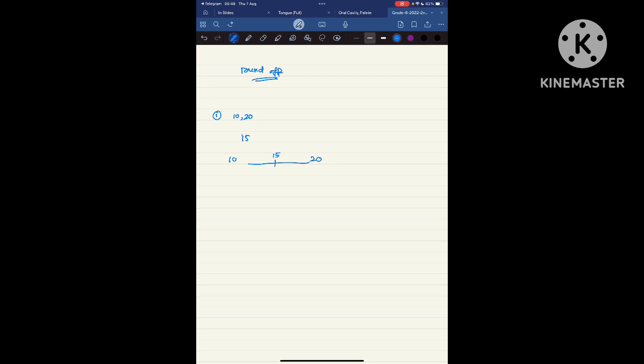Okay, so the rule is, if the number is half or more, it is rounded off to the next multiple of 10.